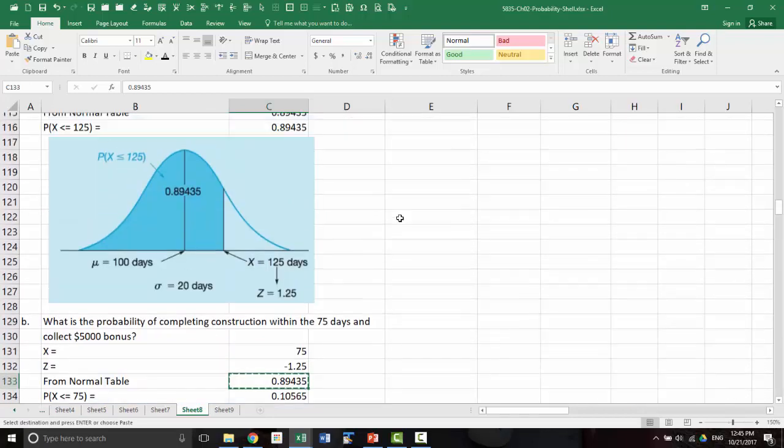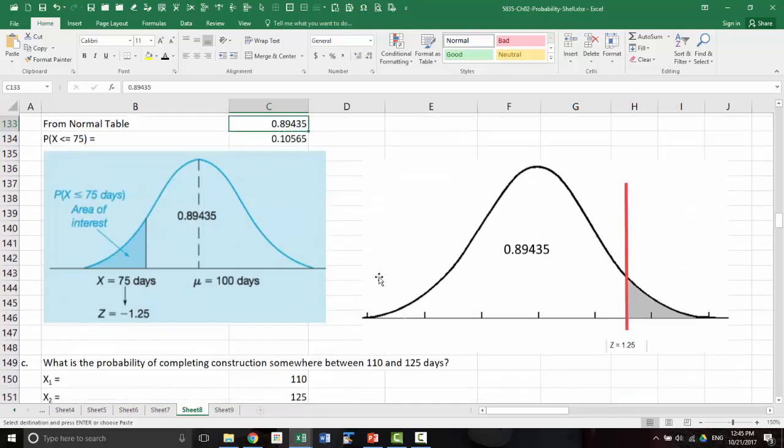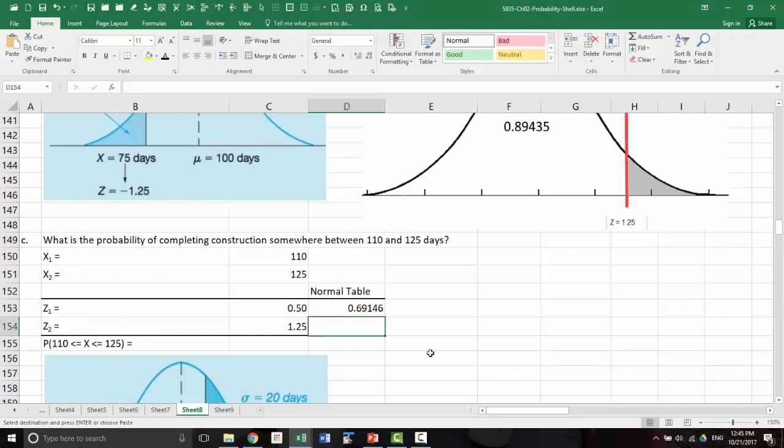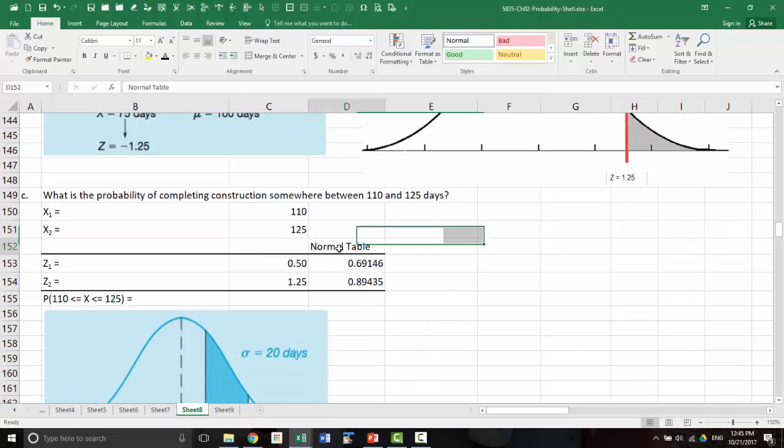Now the border is gone, so let's put the border back. Okay, now this is okay. So what are these two table values? Let's also align this properly.